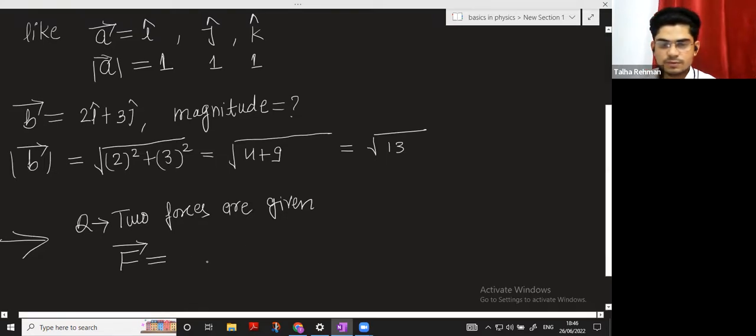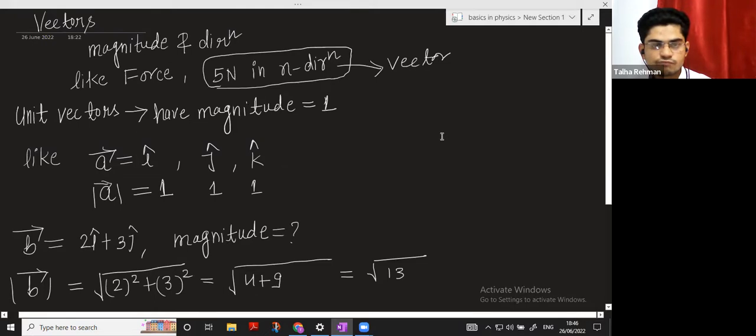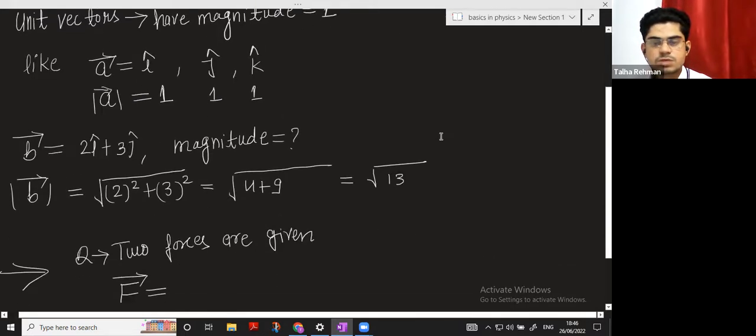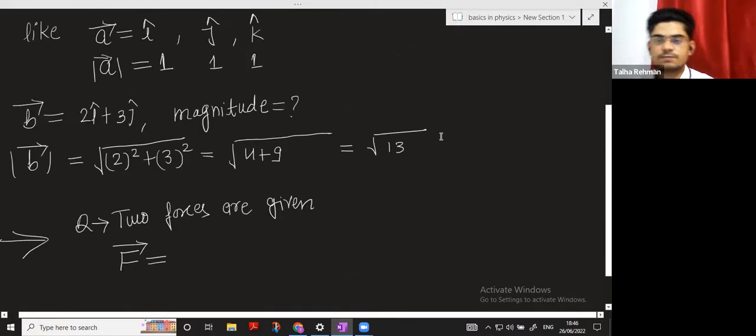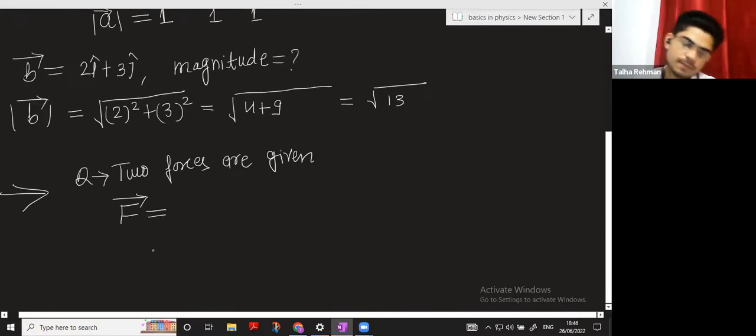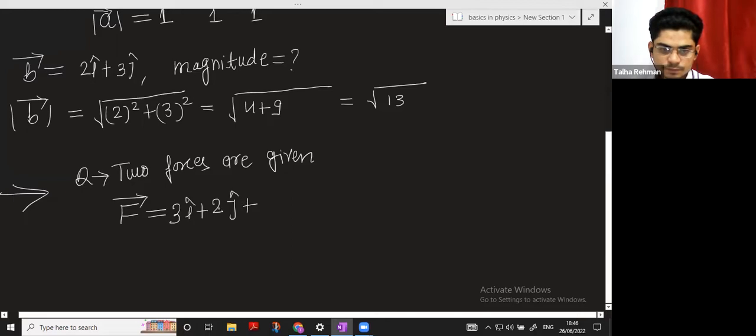Okay. So I will try to explain. Let's see. Suppose this is a vector. I am writing 3 I cap plus 2 j cap plus 5 k cap.